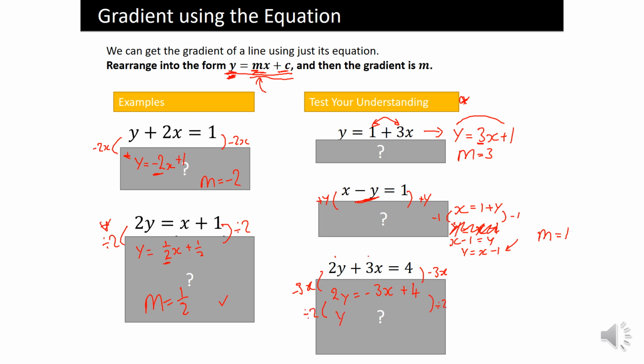So we have y equals, so that'll be minus 3 over 2 x plus, and then 4 divided by 2 is just 2. So now we look in front of the x to tell us the gradient, so we've got m equals minus 3 over 2.